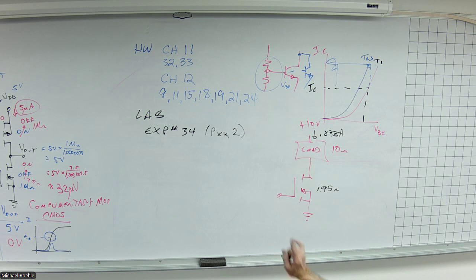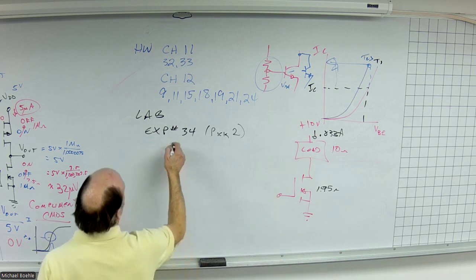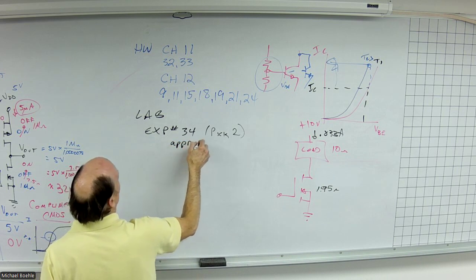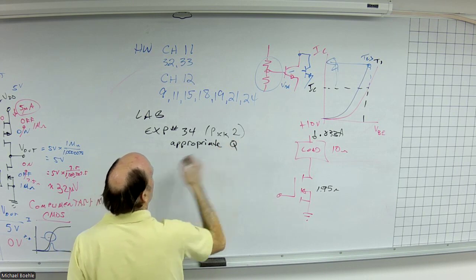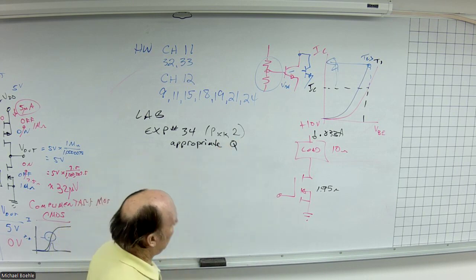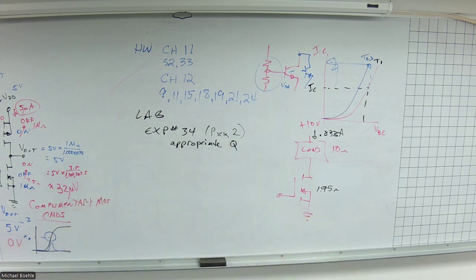That's 4 different circuits. You just pick 2 of those. And then I'll just say answer the appropriate questions. If you build the chopper and there's a question on the chopper, then you answer that question. If it's a question on something you didn't do, you don't answer.